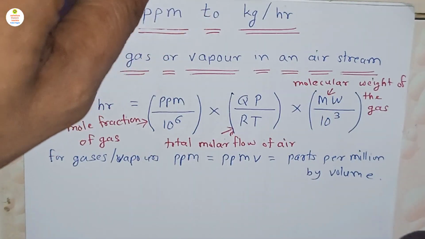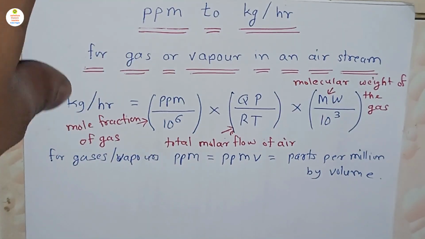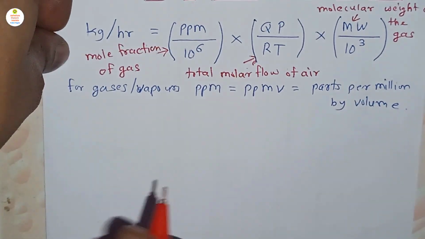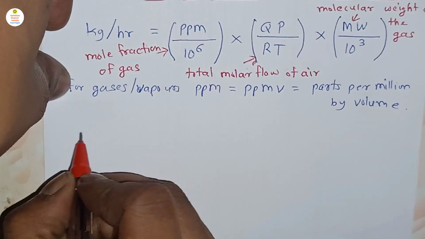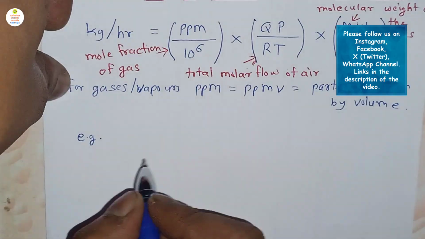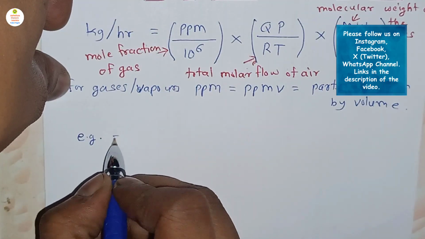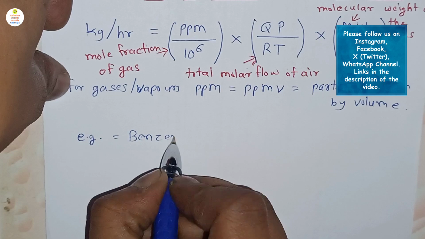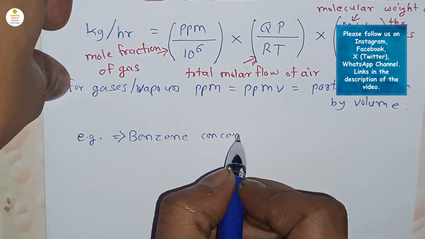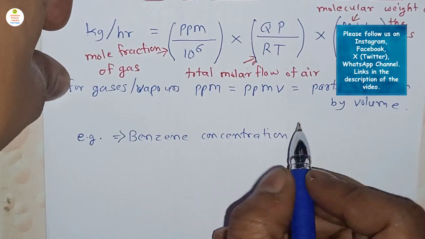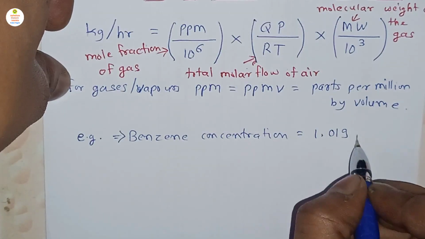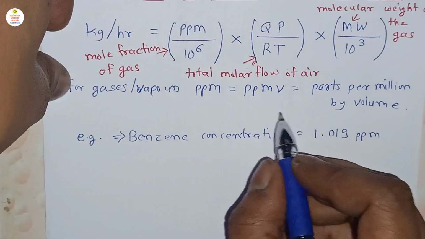Okay, now let's see one example. Here we will see the example of the gas benzene. So the benzene concentration is equal to 1.019 ppm, or we can call it ppmv.